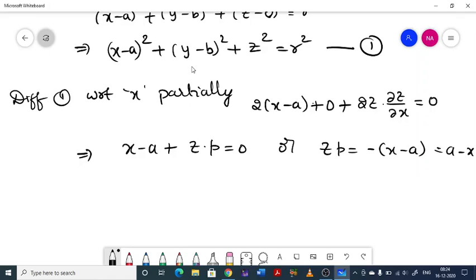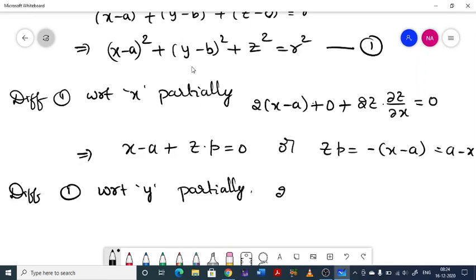Similarly, if we differentiate equation 1 with respect to y partially, the same argument repeats. So I will get 2 times y minus b plus 2z into dou z by dou y equal to 0.